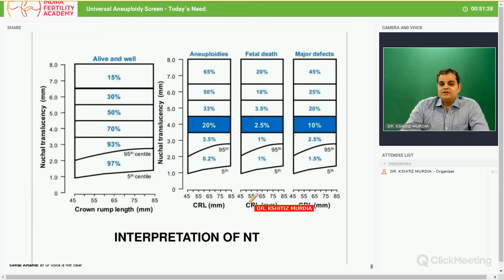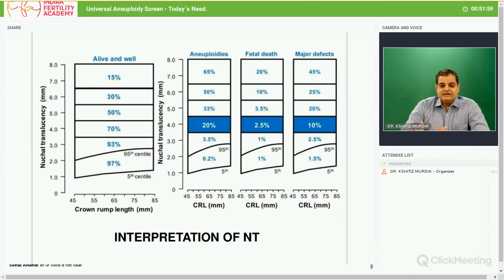As we all know, NT is associated with aneuploidies along with sudden death and major cardiac defects. But as you go along this graph, even among fetuses which have a very high NT, around 50% of them may be normal in terms of aneuploidy, 90% do well in utero, and more than 75% don't carry any abnormal defect.